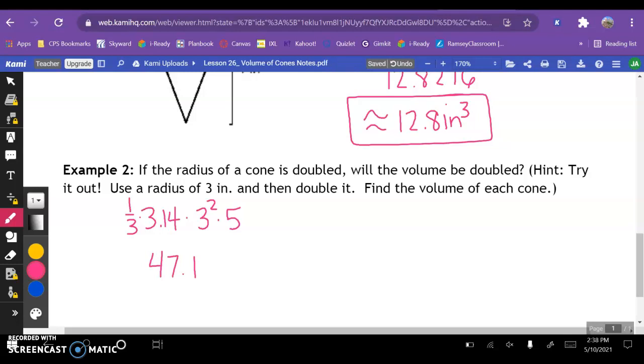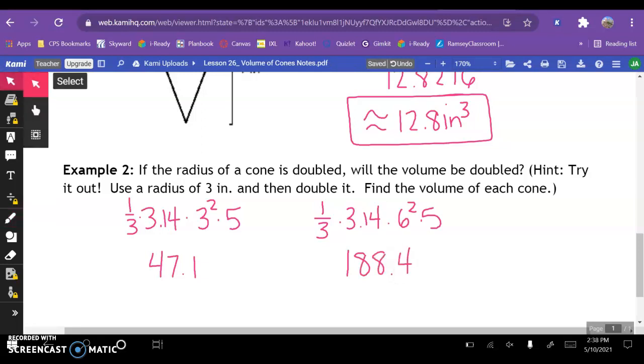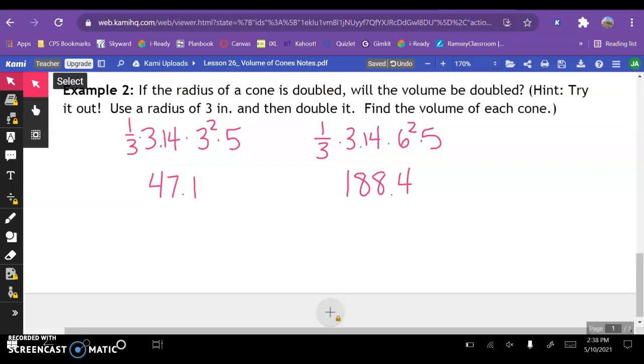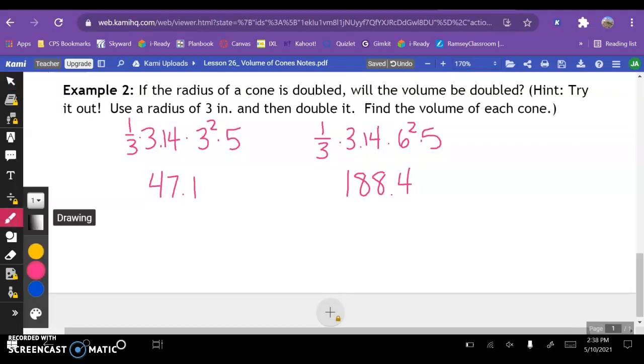Now I'm going to double that radius, so instead of 3, I'm going to have a 6 in my formula. So 6 squared. And I get an answer of 188.4. So it's definitely not doubled, because 47 doubled would be less than 100.